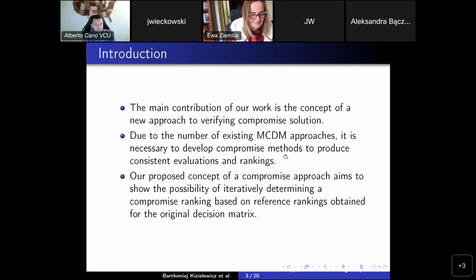So it should be borne in mind that those methods and their differences should be taken into one ranking to provide the best possibilities of decision alternatives. And the concept of the compromise solution is to use the iteration to determine the subsequent rankings.